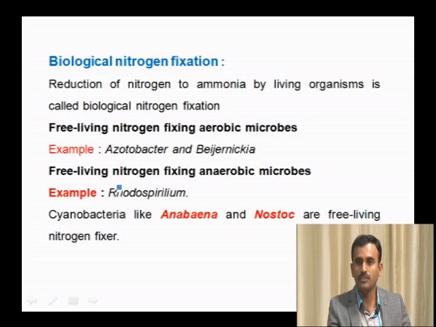Some of the living organisms involved in nitrogen fixation are free living nitrogen fixing aerobic microorganisms like Azotobacter and Beijerinckia, free living nitrogen fixing anaerobic microbes which live without oxygen, like Rhodospirillum, and cyanobacteria like Anabaena and Nostoc.